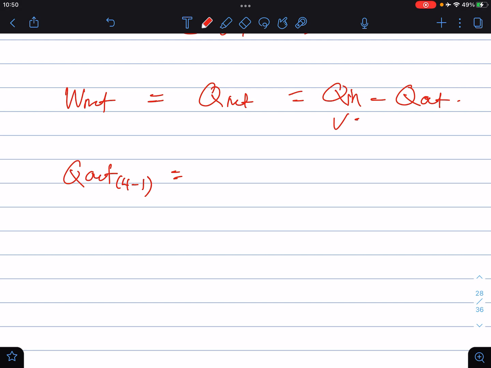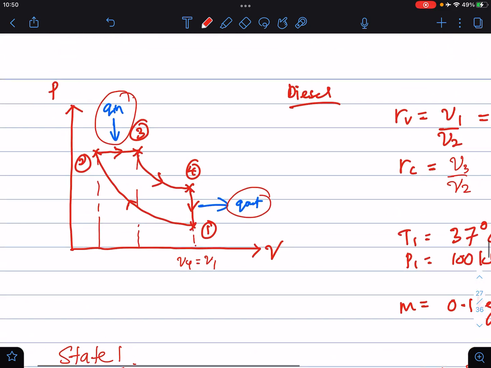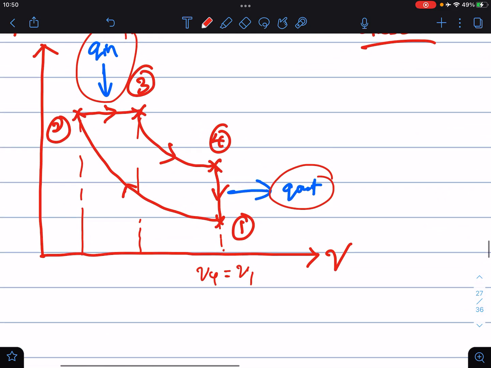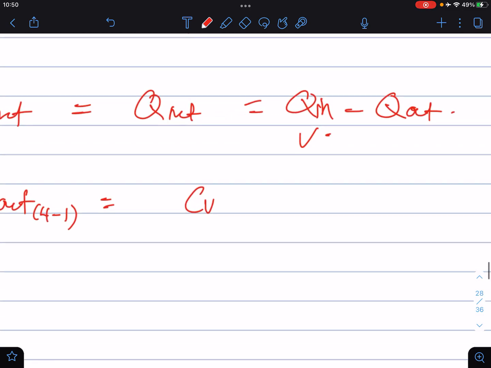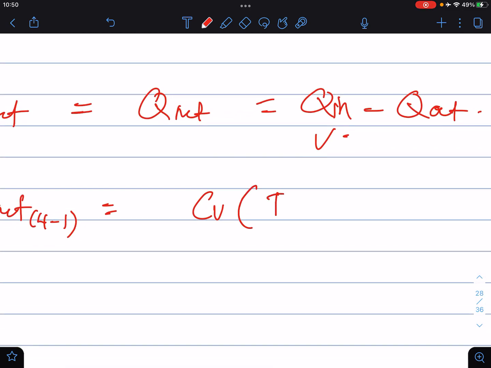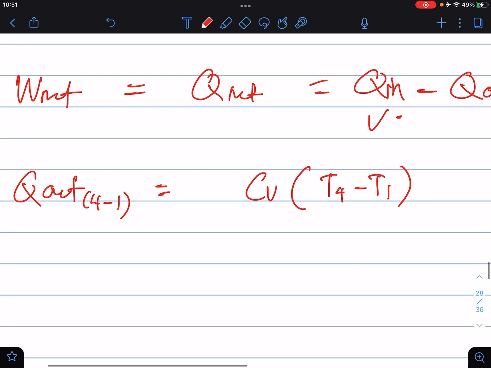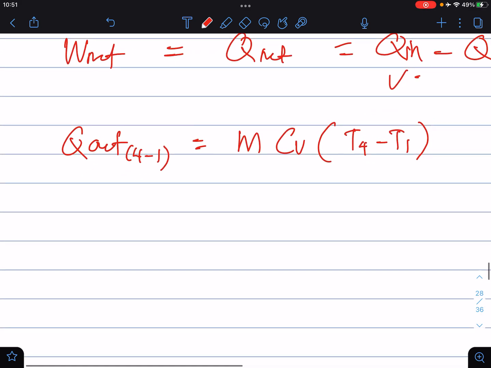So since this is a constant volume process, okay, so look at the diagram again. Make sure that is a constant volume from 4 to 1. Yes, V4 equal to V1. So you need to use CV. And then T in minus T out, T4 minus T1, because T4 is higher than T1. Okay, and then you need to multiply with the mass, because it asks the unit in kilojoule also.